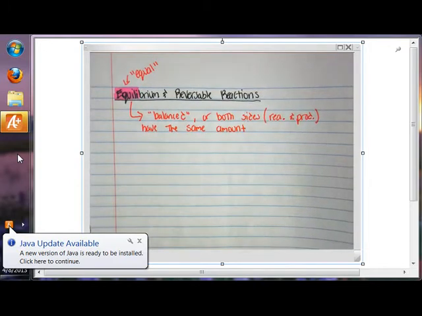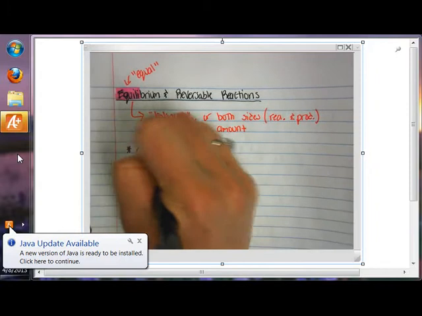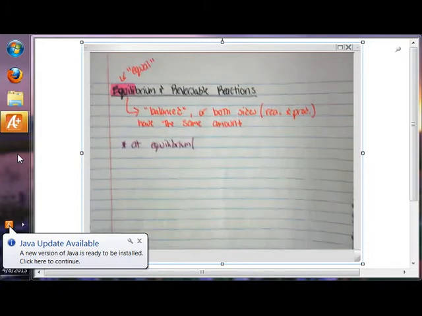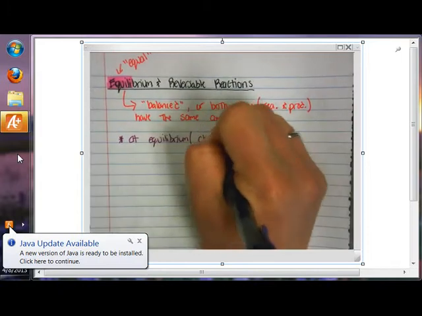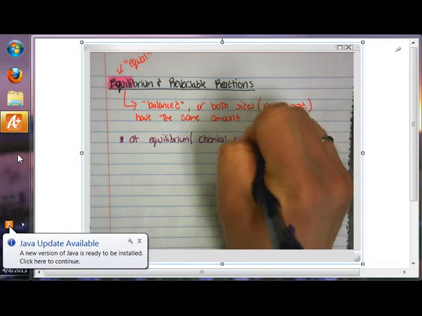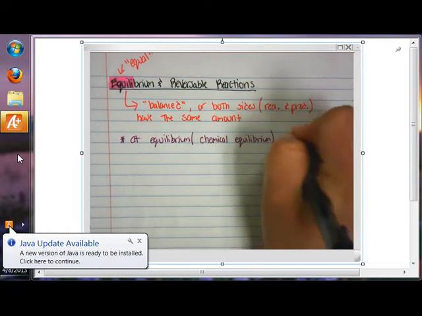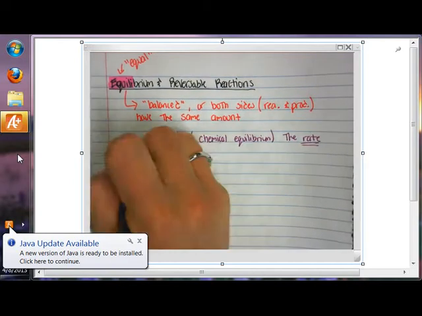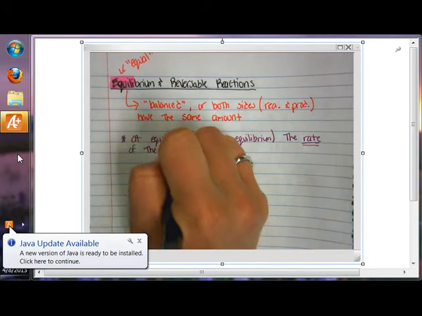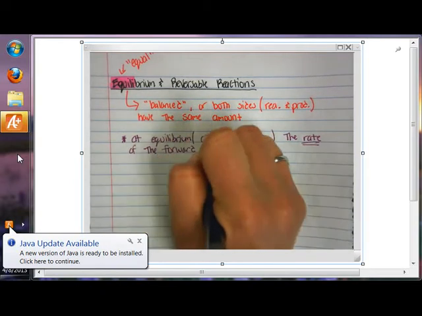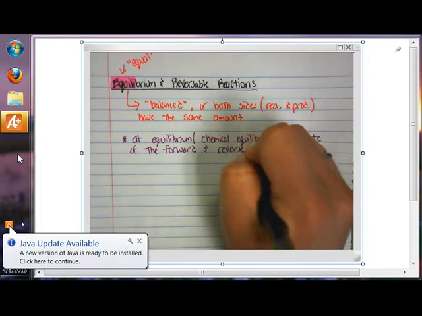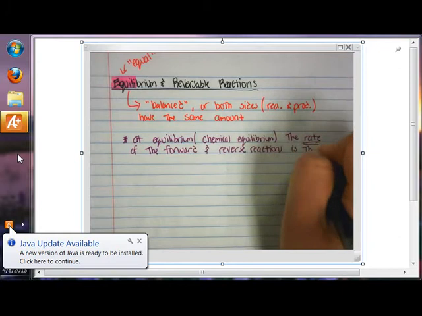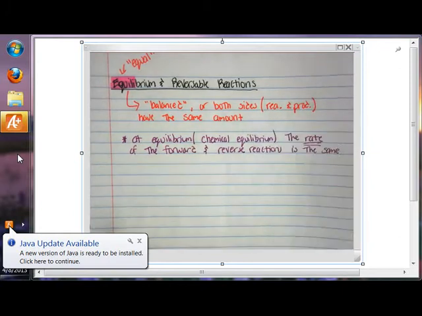So now I'm also going to write at equilibrium, and technically it's chemical equilibrium, the rate, there's that word rate from earlier today, the rate of the forward and reverse reactions is the same.